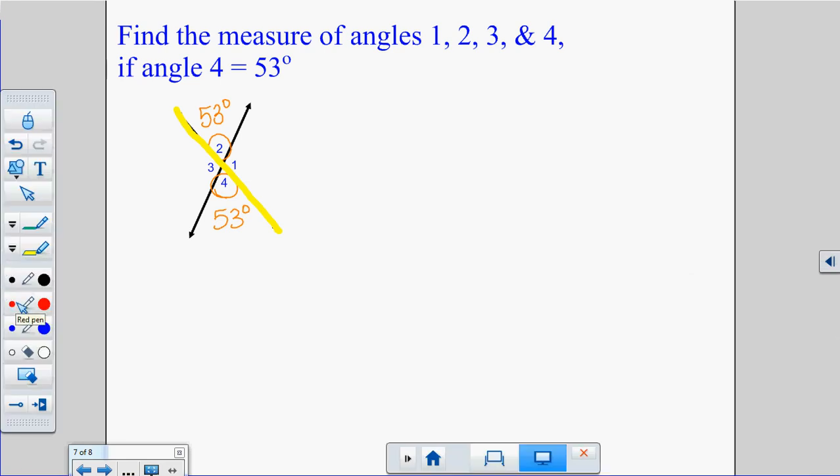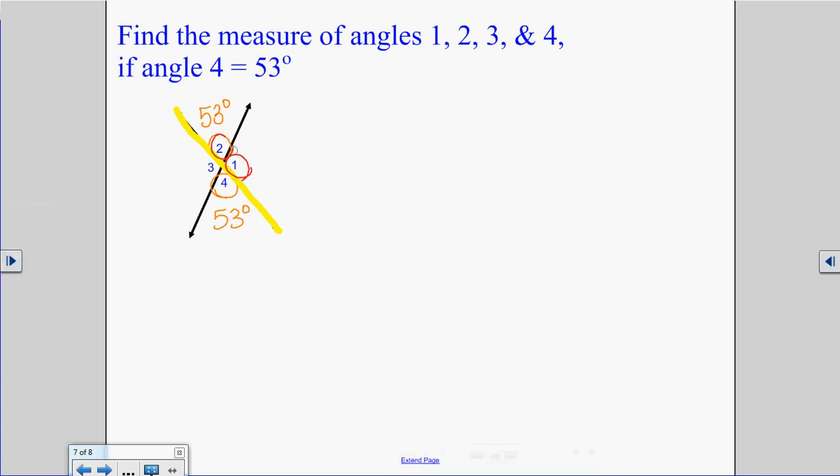So what that means is angle 1 and angle 2 should equal 180 degrees because they are on a straight line. If you look at this, this is the straight line. 1 is here, 2 is here. They make up that 180 degrees. Well, I know 2 is 53.